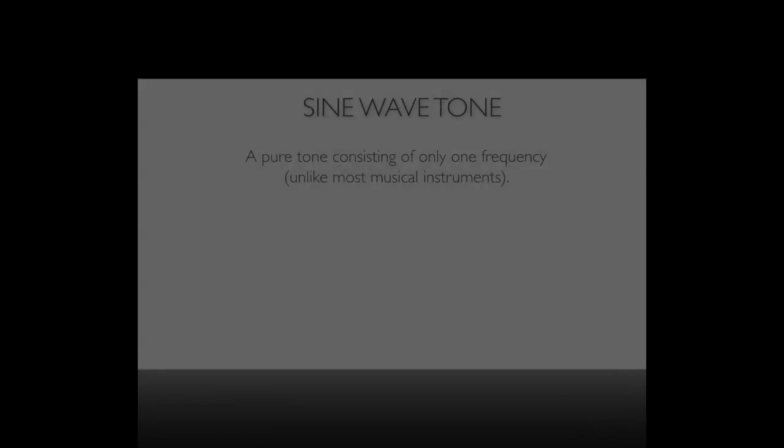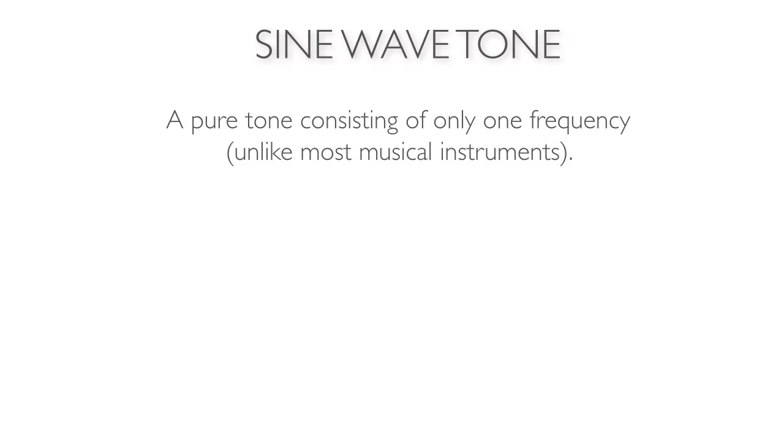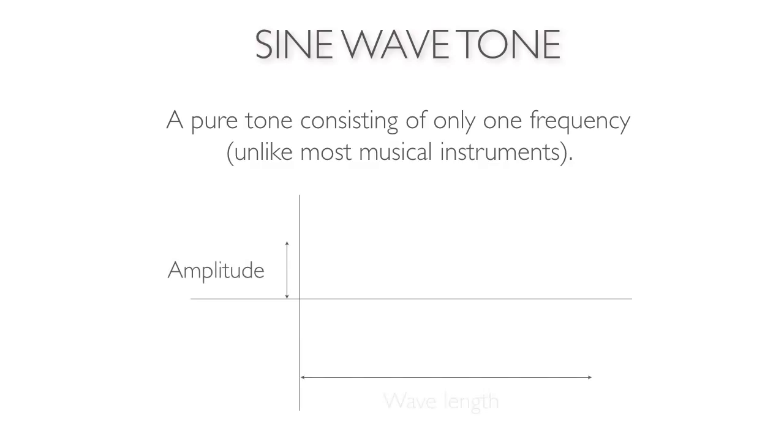So the simplest kind of sound wave is what we call a sine wave. And a sine wave is a pure tone consisting of only one frequency, but it has amplitude and wavelength. Amplitude simply refers to the intensity. And actually the amplitude is not only just positive, it's also negative. So I should have written probably the negative portion there for the bottom part of the wave.